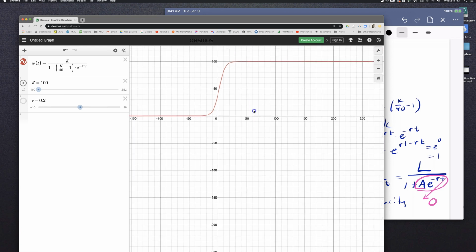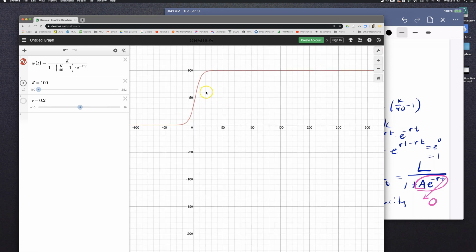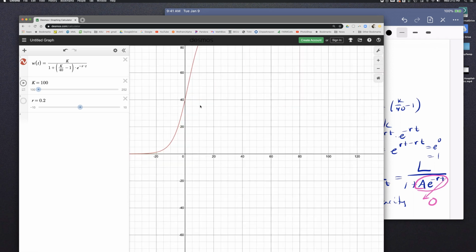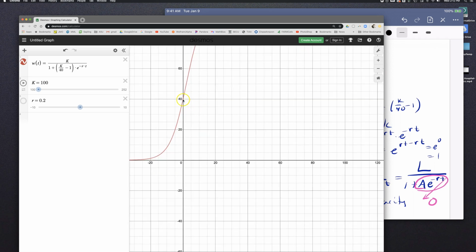As you adjust the t value, you can see here the k value is 100, and our population at time t equals 0 is about 40.